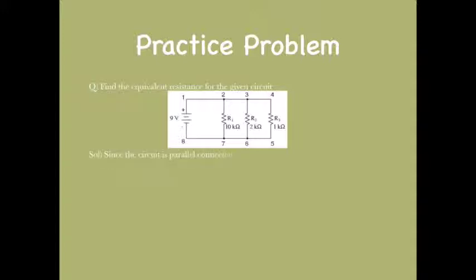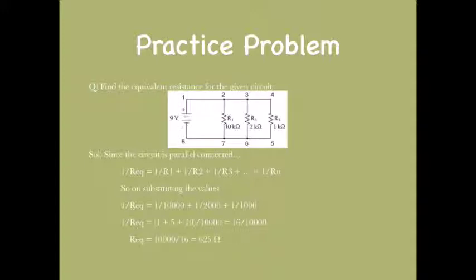So I'll be using this formula again, and when I substitute the values of R1, R2 and R3, I get 1 by R equivalent to be 16 by 10,000. So my value of R equivalent is 625 ohms. Fine.